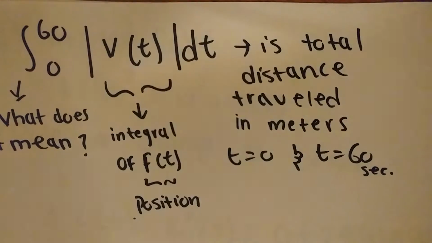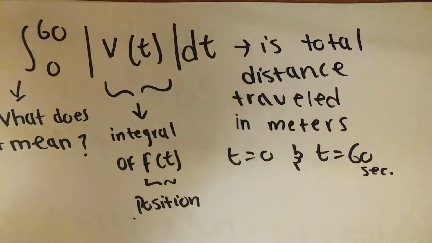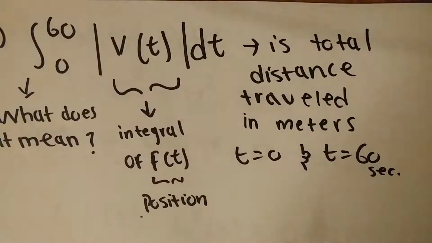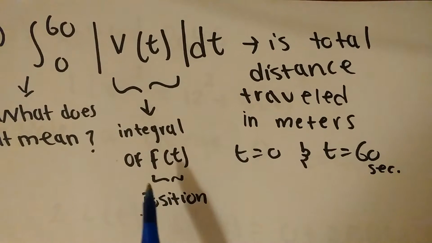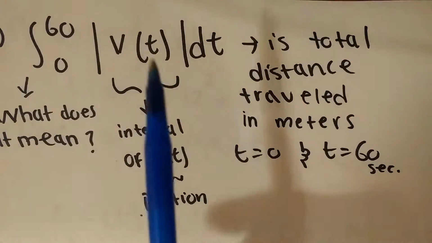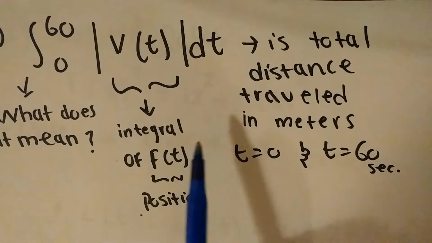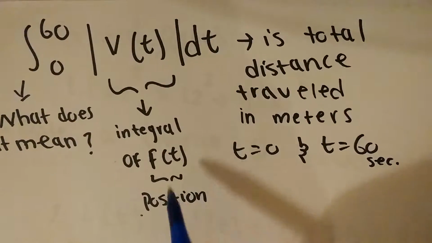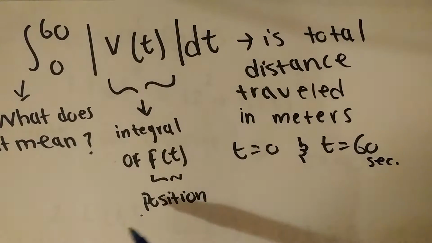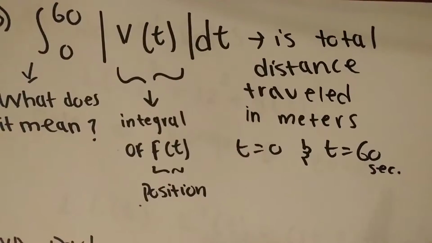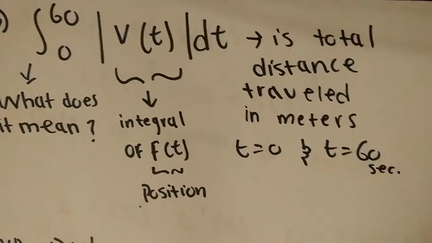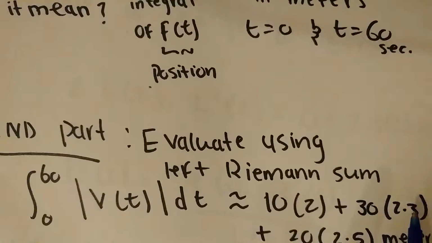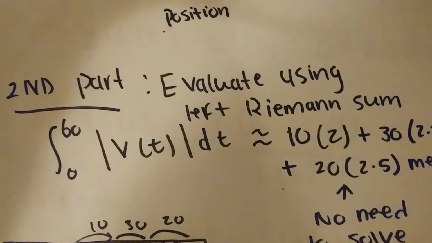What this whole thing means is it's the total distance traveled in meters from bounds 0 to 60, because the integral of v of t is just f of t, which is the position, because v of t is like f prime of t, the derivative. So if you take the antiderivative, it would be position. You go all the way back to the original. And that's what we just answered. What does it mean? That's the first part of the problem.